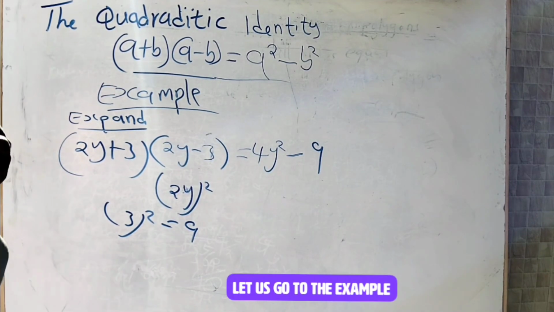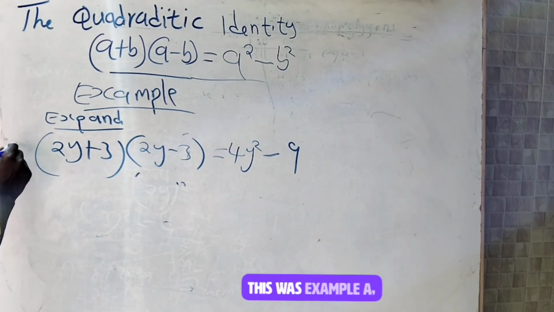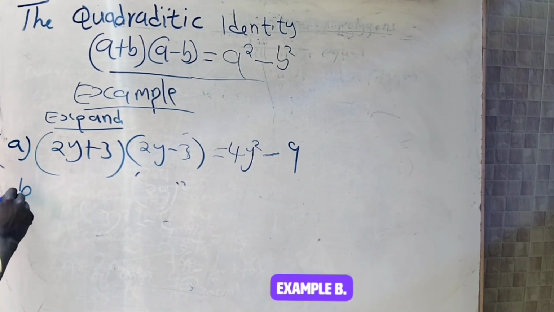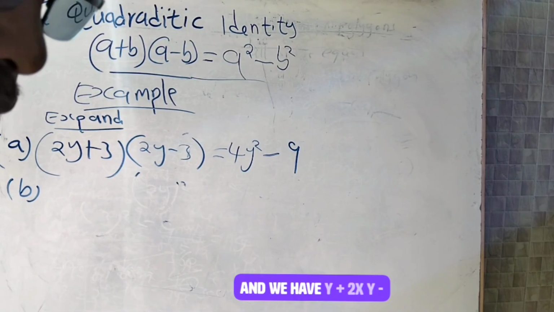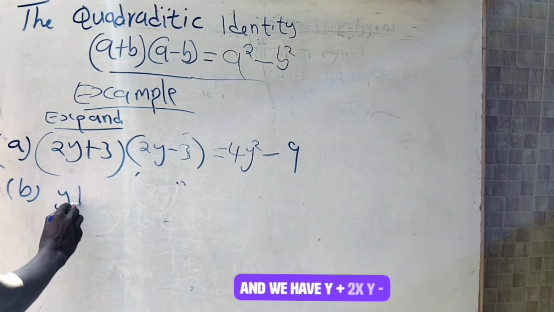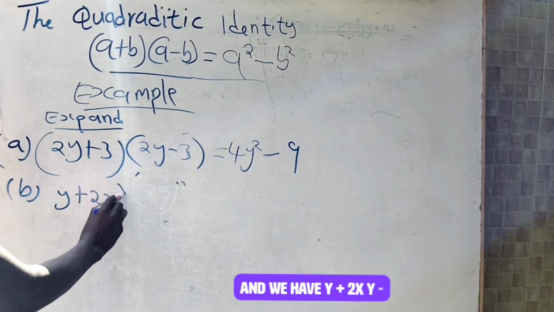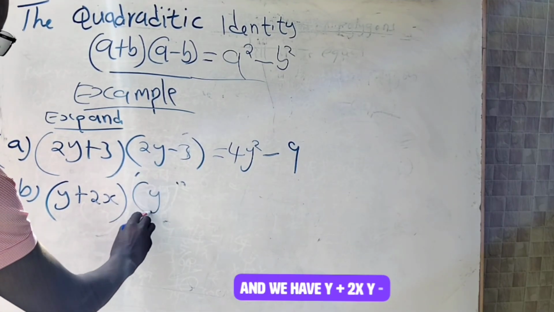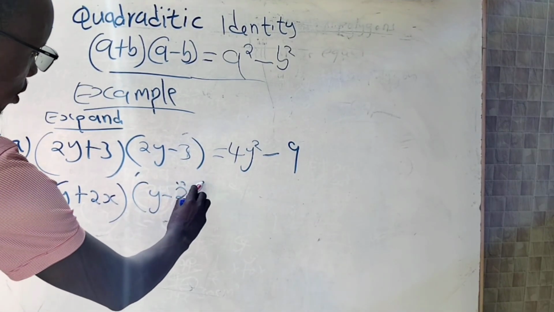Let us go to example B. We have y plus 2x into y minus 2x.